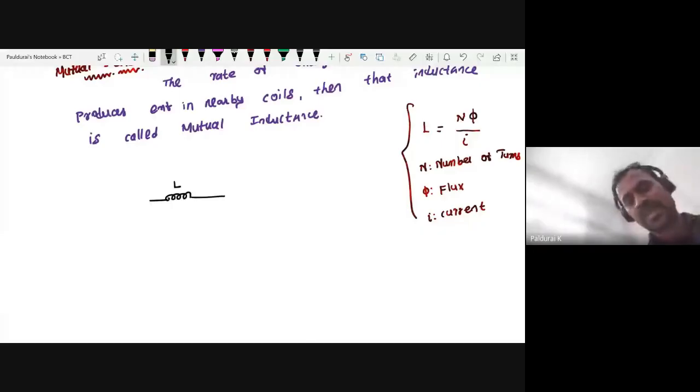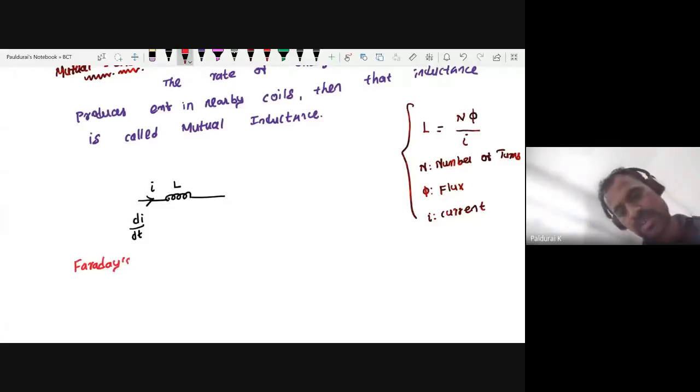Take this as my inductor L, and the current is some I. Now the rate of change of current is di by dt. Have you heard of Faraday's law? As per Faraday's law, the rate of change of current produces some flux, denoted by phi, so d phi by dt.